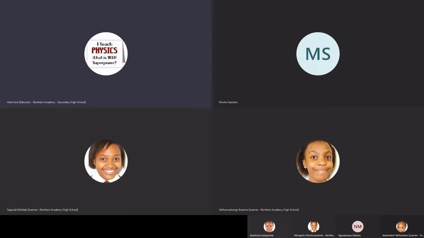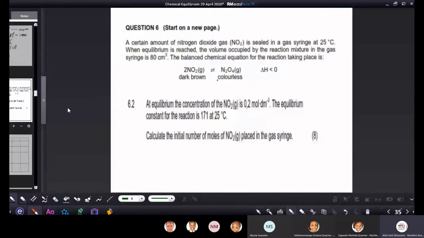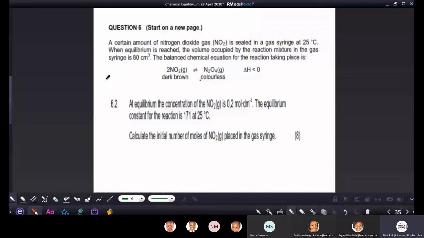Okay, they say a certain amount of nitrogen dioxide gas is sealed in a gas syringe. When equilibrium is reached, the volume occupied is 80 cubic centimeters. We do not have cubic centimeters, guys. We need to convert it to cubic meters.